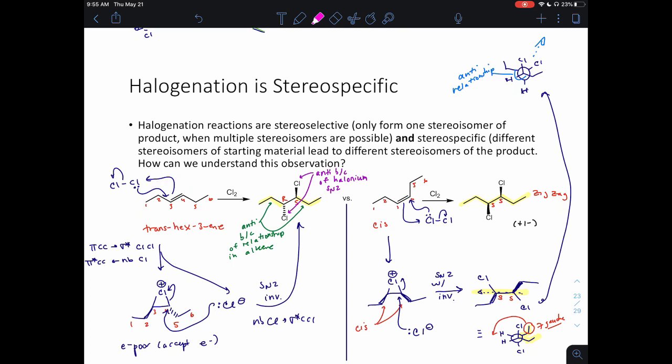But in both cases, there's an anti-addition of the chlorides because of this halonium intermediate upon which SN2 occurs. And then there can be some complications if we allow for bond rotation like we saw here. But always for halogenation, the halogens are added in an anti format via the halonium intermediates.